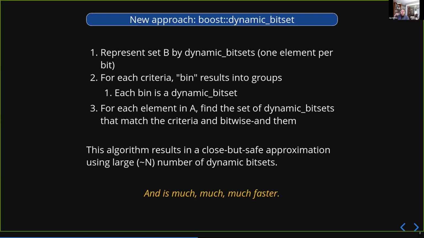So you would bin objects from set B into groups. You arrange for a dynamic bit set of each group. So for an element in A, you find the set of dynamic bit sets that match the criteria you want. You bitwise OR those together, and then across all your criteria, you bitwise AND them together to do a sort of intersect.